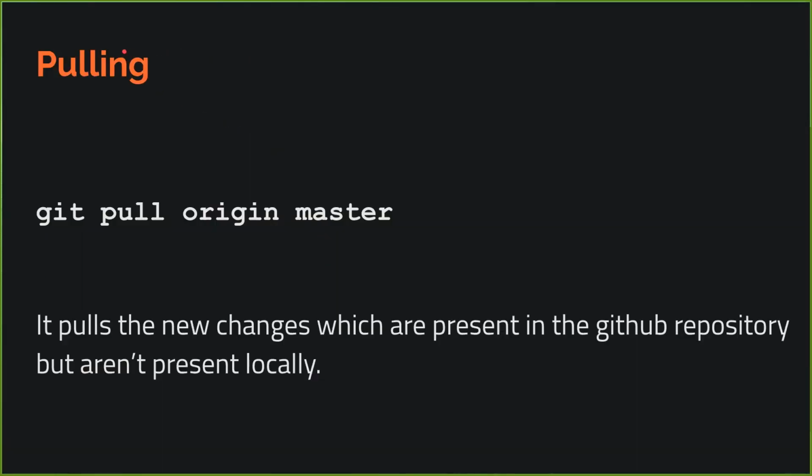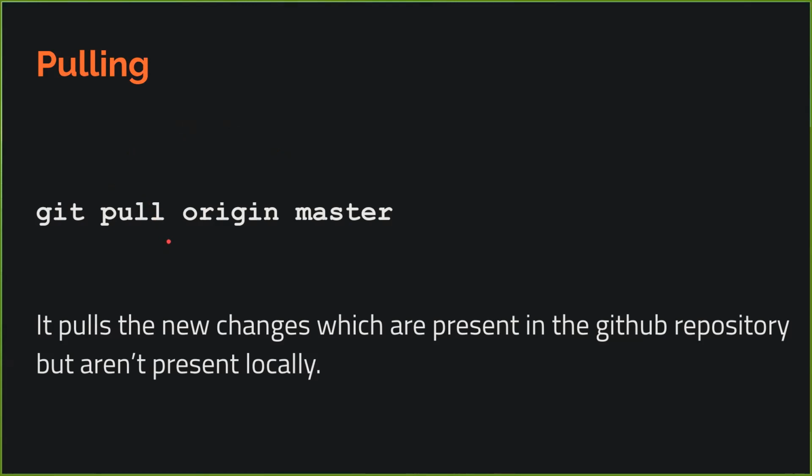And then this is for pulling. I did say that your friends could contribute to this repository also. So when your friends commit changes and push them to the remote repository, you can pull the changes. Pull means you want to take the changes from the remote to your system.